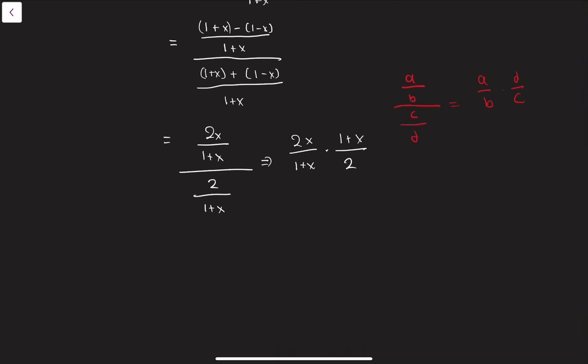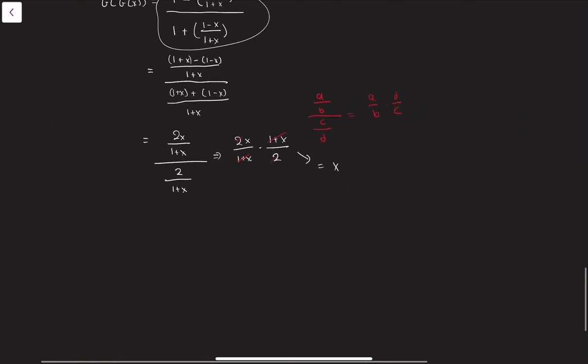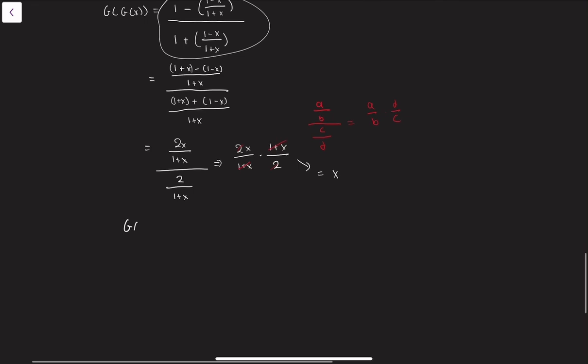But essentially, doing this, we have this canceling, this canceling, and these canceling. This is all equivalent to x. So this kind of nasty equation all just leads to x. So we can say g of g of x is equal to x.